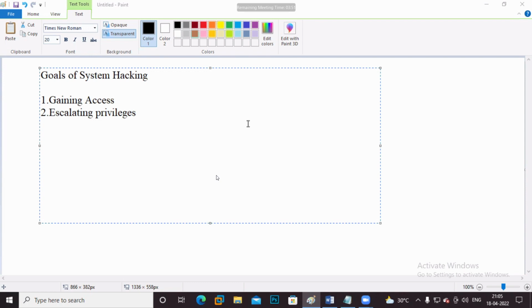Okay, so the third one is executing applications. What can executing applications mean? Any idea? Anyone? Running the application.